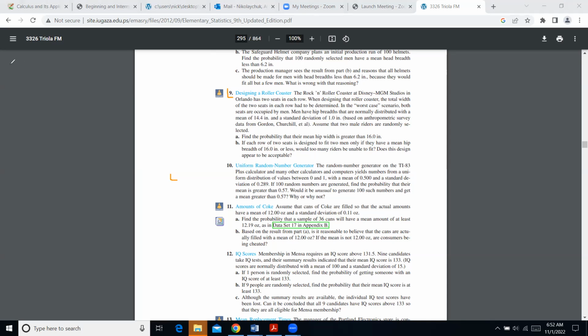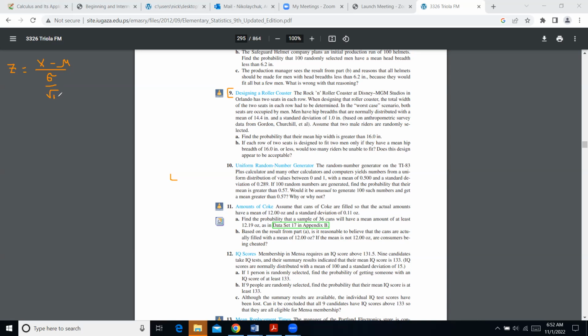So for problem number 9, we're using a formula that deals with z-scores, which is x minus mean divided by a standard deviation over square root of n.